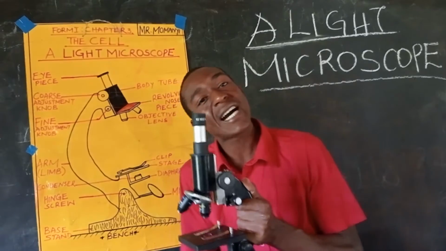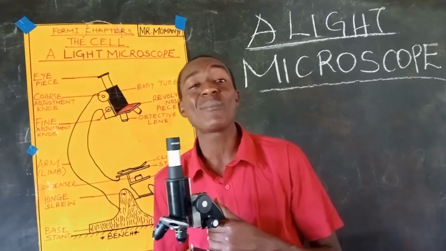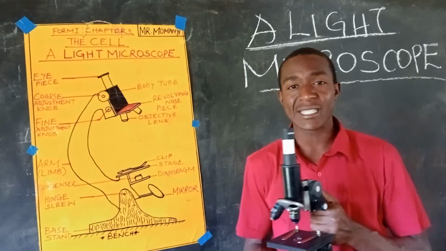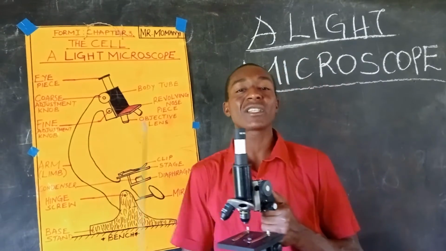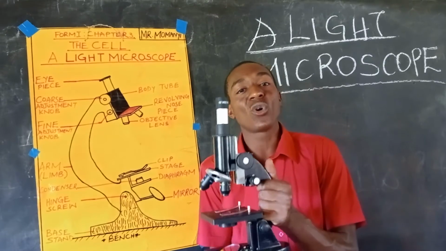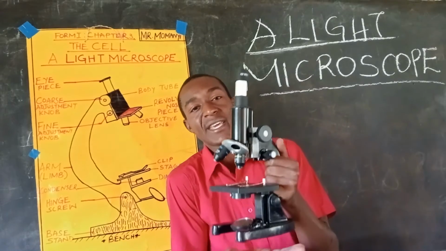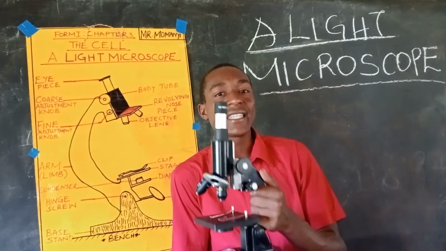A microscope is carried like a thermos because it is very delicate, just like a thermos is. But remember, there's a difference: a thermos is not as expensive as a microscope. So the arm is where you hold when you're carrying the microscope. Another hand will be holding the base.